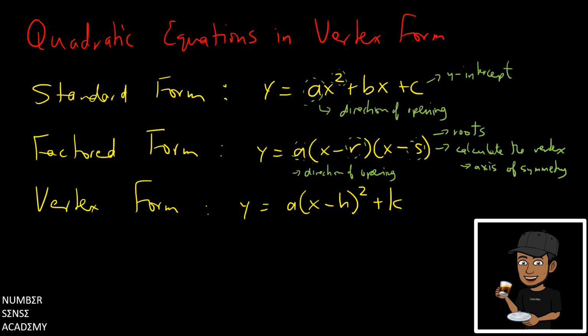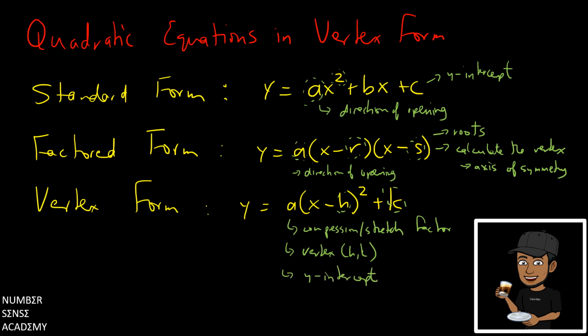Now in vertex form, we have our compression, and I should have called this before, compression slash stretch factor. So is it pressed against the x-axis or pressed against the y-axis? h and k tell us the vertex, and we'll get into this a bit more. We also know the y-intercept. No, sorry, that's not right.